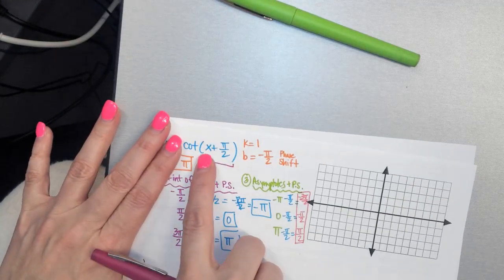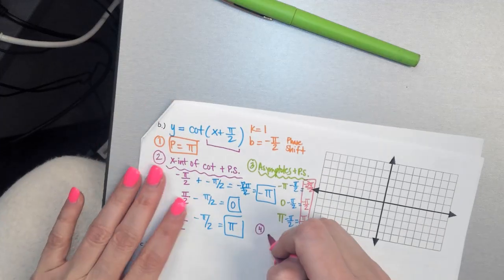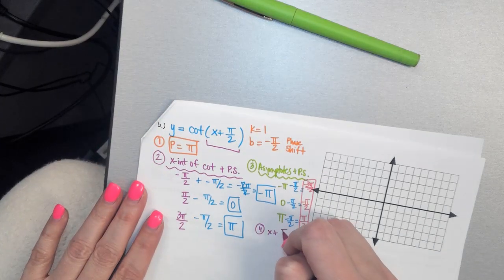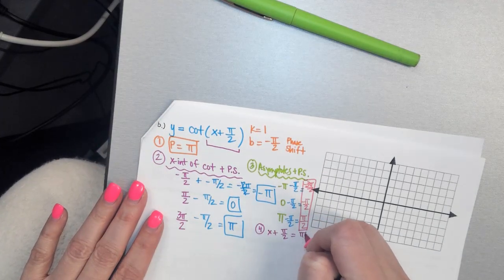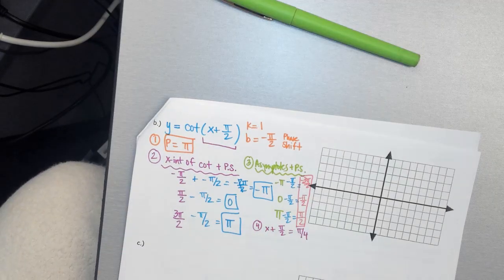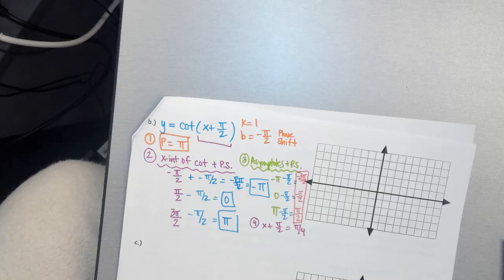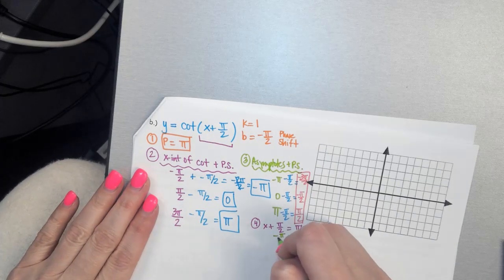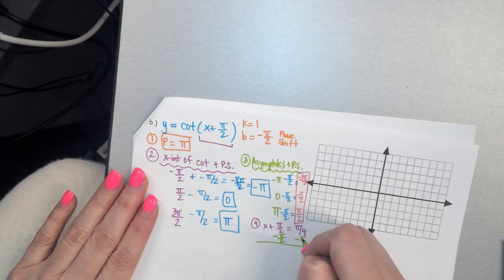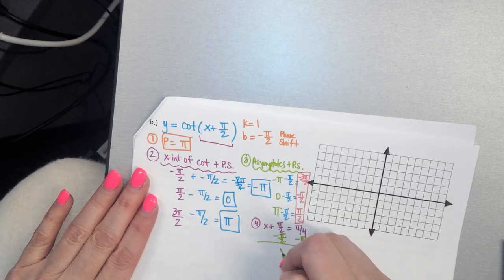Okay, so if I want to figure out what I have to plug in for x to get pi over 4, you can really just set this equal to pi over 4 and solve. Or you just apply the phase shift to pi over 4. It's the same thing. So this is what can you plug in order to get 1 as your output.